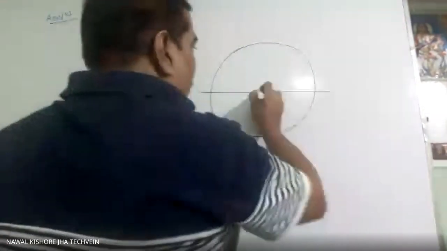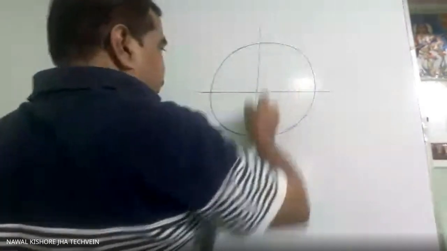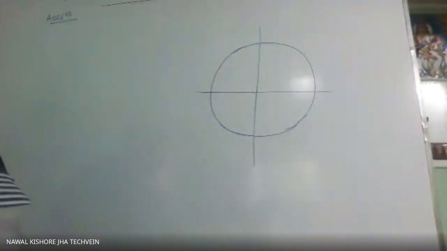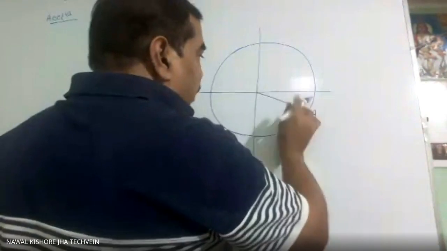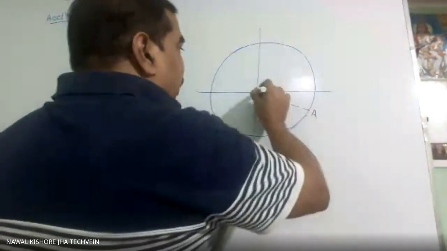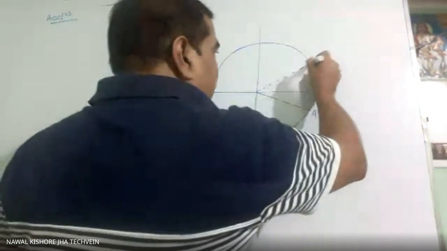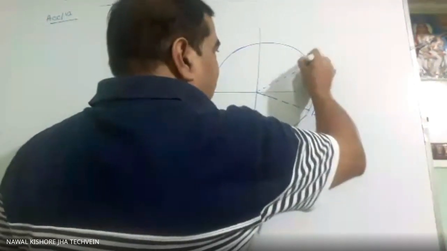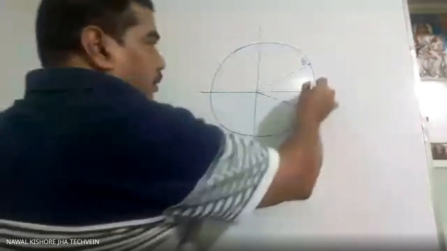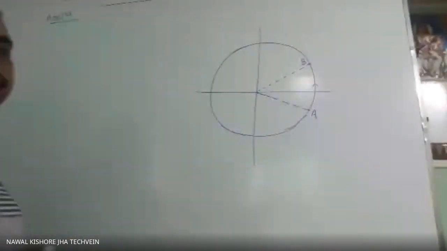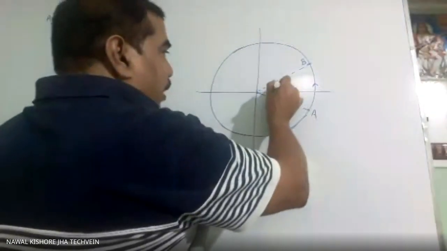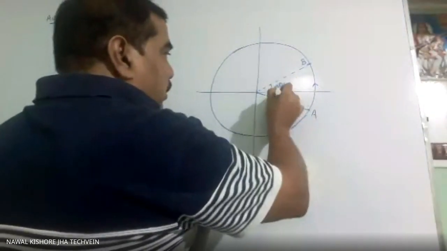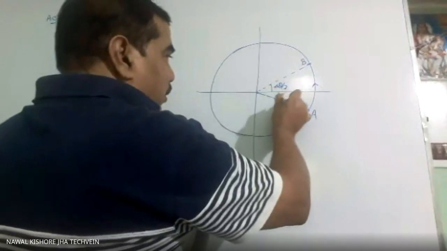So these are the two axes we are considering, the X-axis and Y-axis, because we are interested to find components. Now the particle has started from this point A and reached point B. The angle delta theta we divide into two parts, delta theta by 2 this side and delta theta by 2 this side.